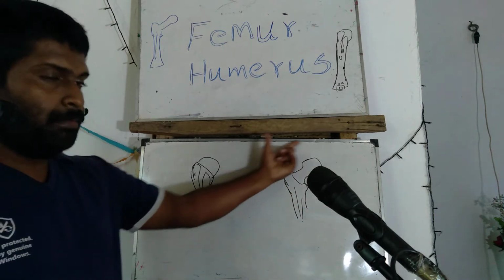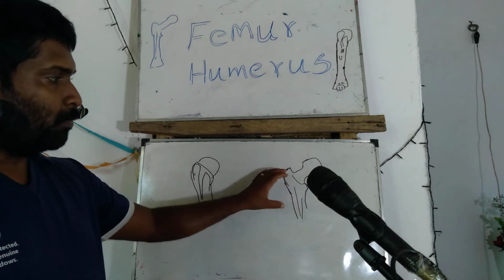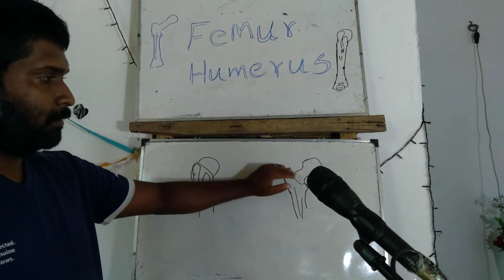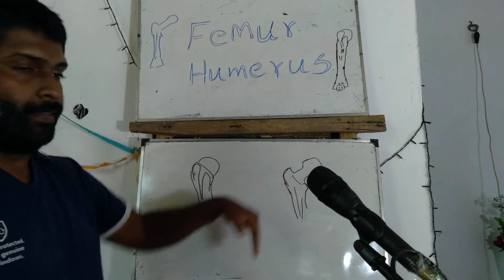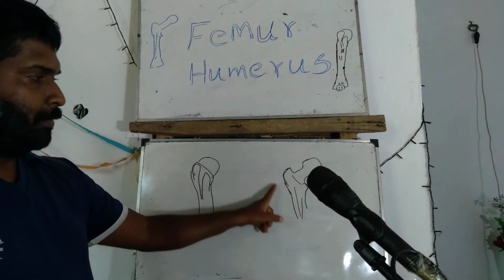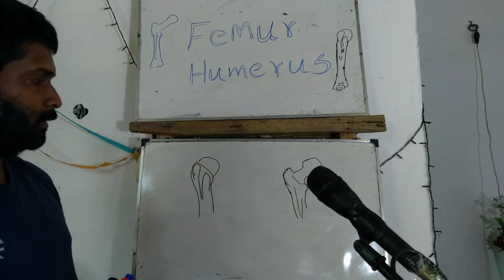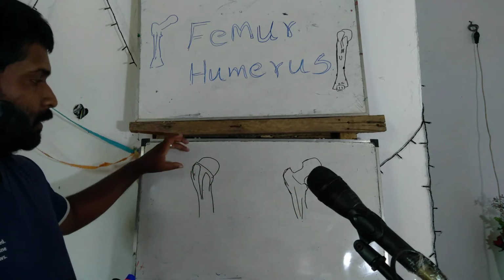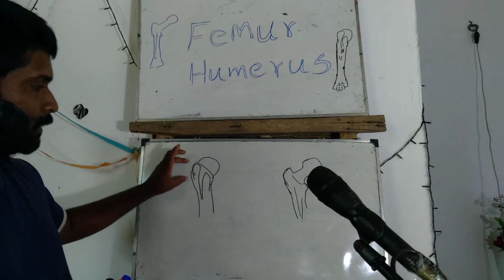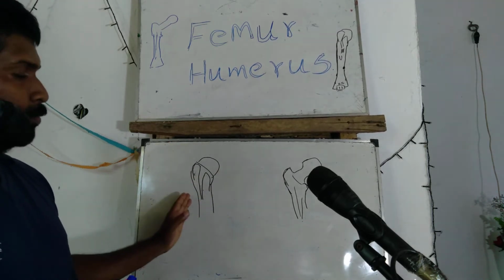Consider the femur head. It also has some prominent areas below the head. Why these prominent areas? In both bones, a lot of muscles insert at these prominent areas. Consider the humerus.